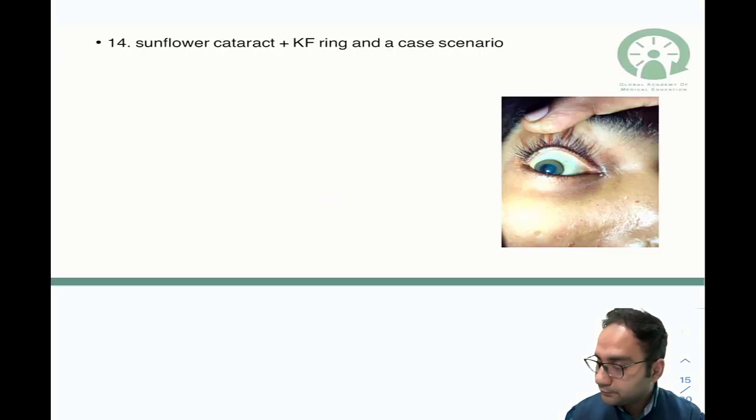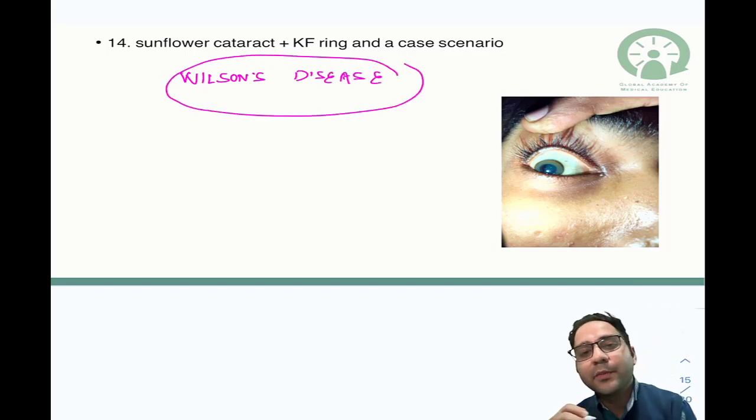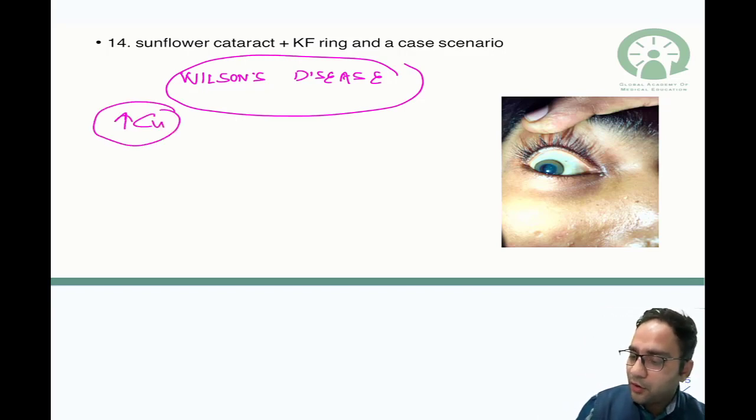Okay. Next question. You had an image-based question which showed you a KF ring or a sunflower cataract. So with the case scenario, definitely it's a case of Wilson's disease. Now you were asked which mineral is in excess here. The mineral which is in excess here is copper.